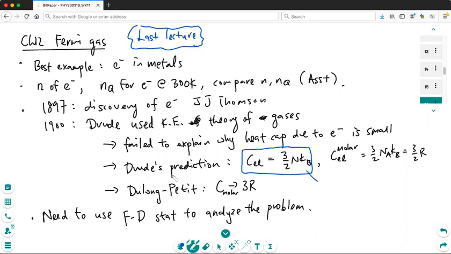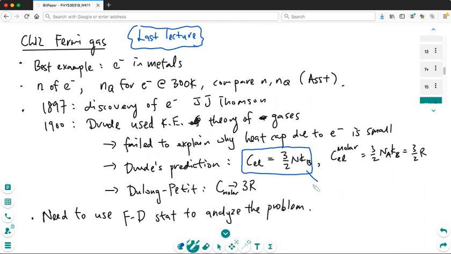This is the prediction from classical physics, if you like. It's an ideal gas treatment, the kinetic theory of gases. You already know how to get this if you have a monatomic gas. We did it several weeks ago, and then I reminded you again on Monday, so you know how to get this.